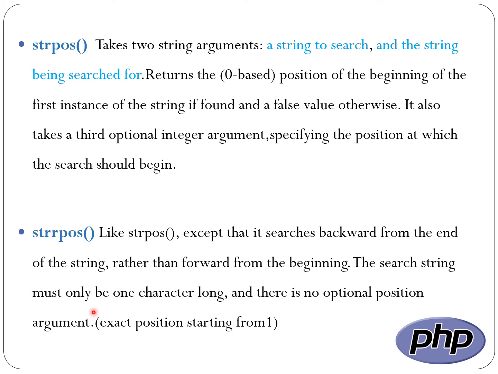Then the search string must only be one character long and there is no optional position argument, no optional third parameter. That is the difference. So strpos is used for searching a substring in a string, and strrpos is also used for searching a string in a string, but it performs from the back end.